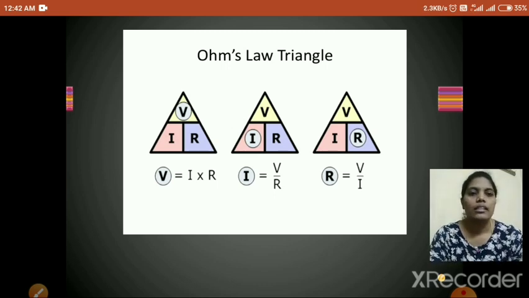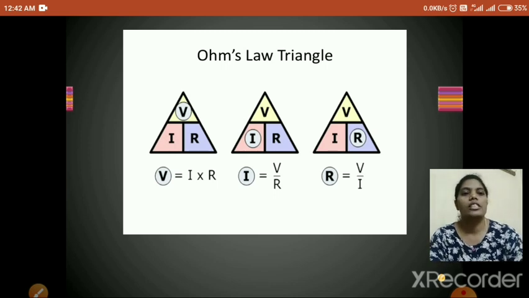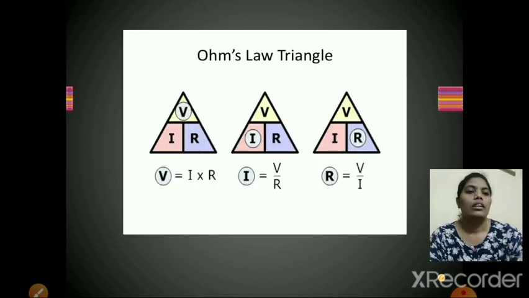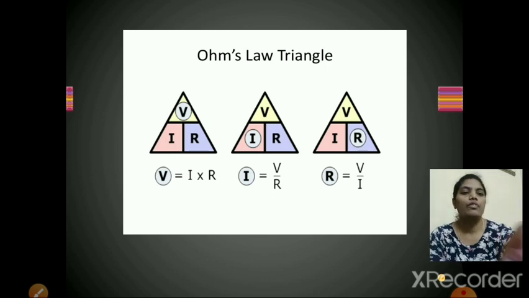Once again, remember these three formulas. Potential difference is expressed as V equals I into R, and I is equal to V by R, and R is equal to V by I.